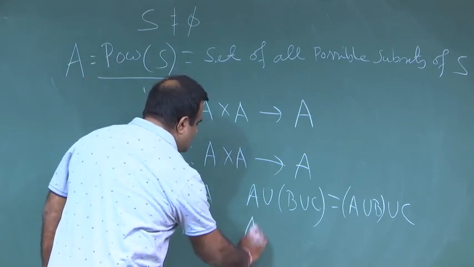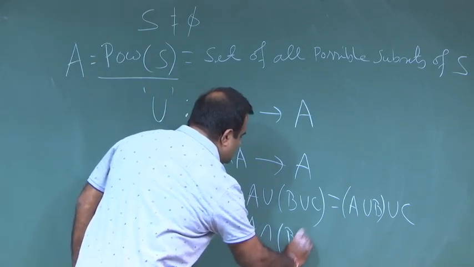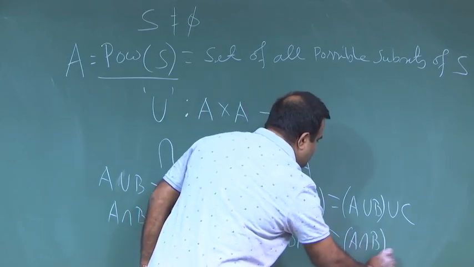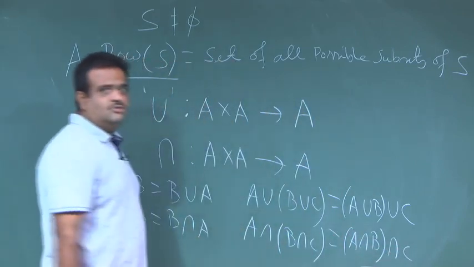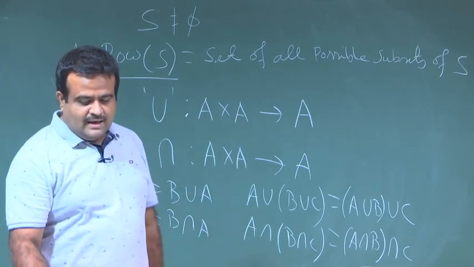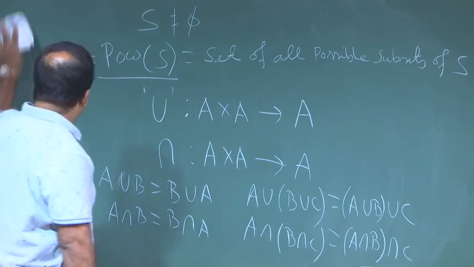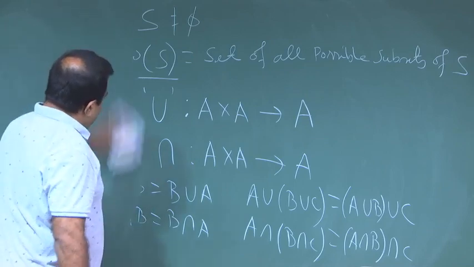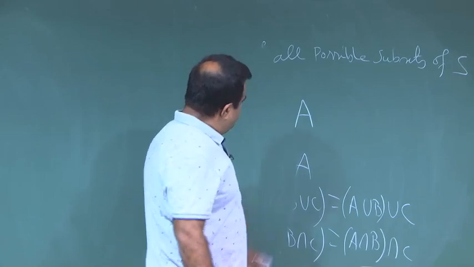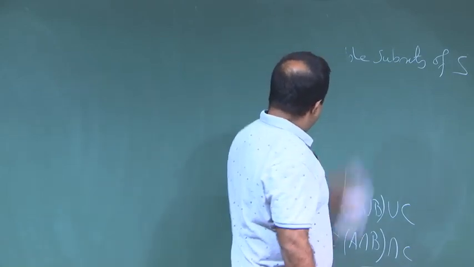Similarly, for intersection, (A intersection B) intersection C is basically A intersection (B intersection C). So, these two operations are both commutative and associative. Okay. Now, we will take another operation, which is basically on the finite set.